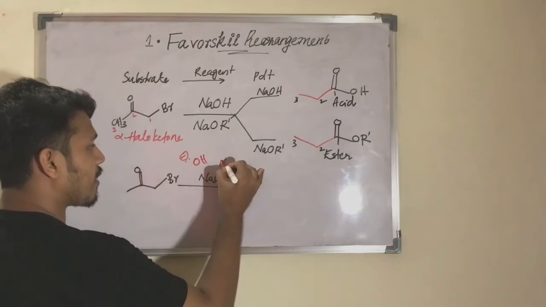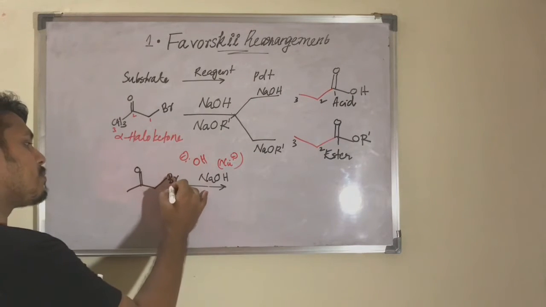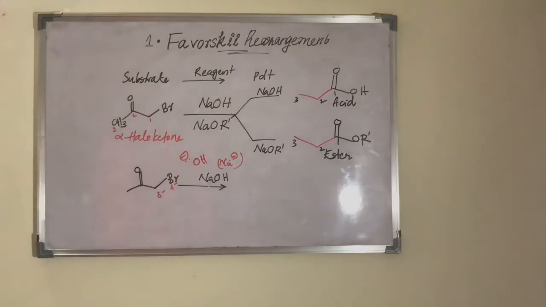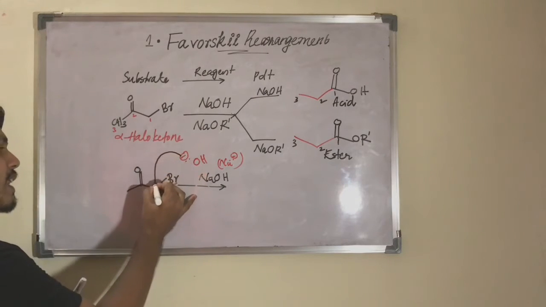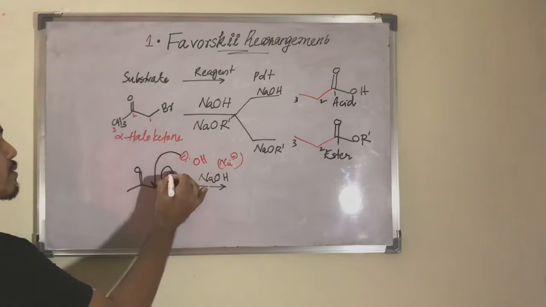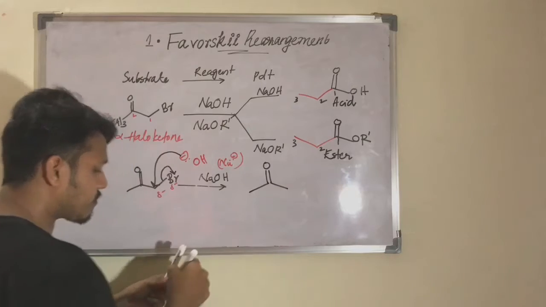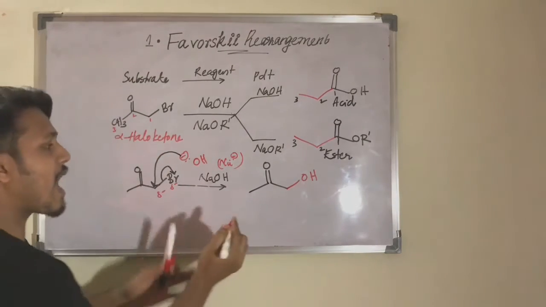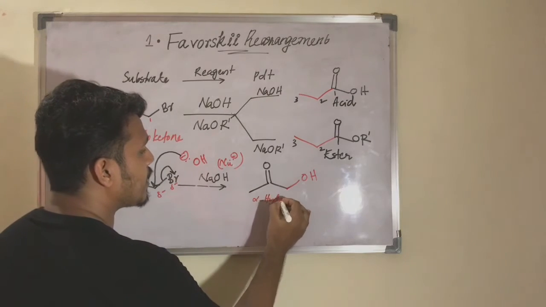And this is a polarized bond, delta minus, delta plus. Clearly, this center can act as an electrophilic center. So it will undergo an SN2 reaction, and you will end up with this product. What is this? This is alpha hydroxyketone.